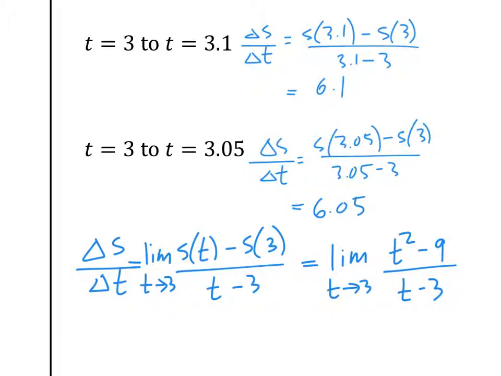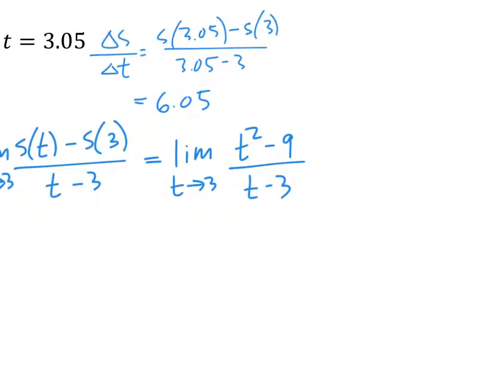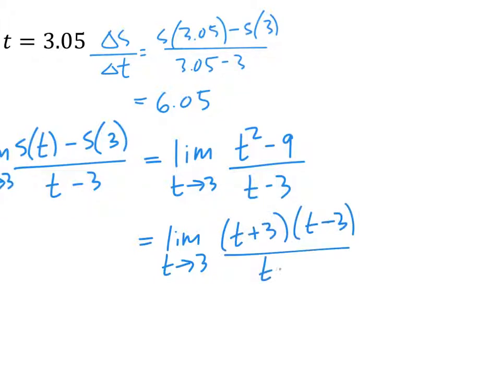Undefined, 0 over 0. So what we're going to do is we're going to be a little bit clever and get rid of the part that's creating the undefined part. T squared minus 9, can I factor it? Yeah, t plus 3, t minus 3. Okay, you can see that this is going to cancel.